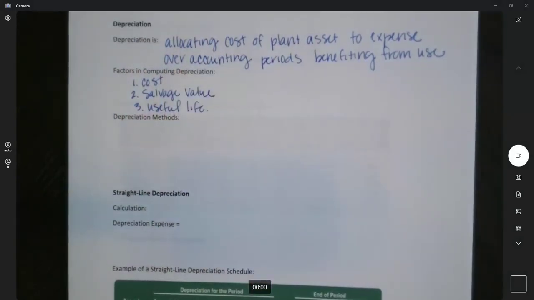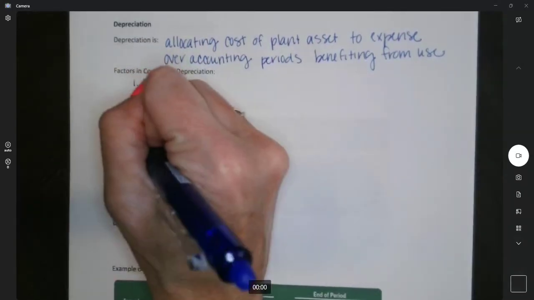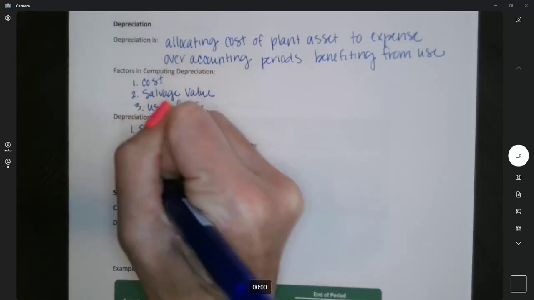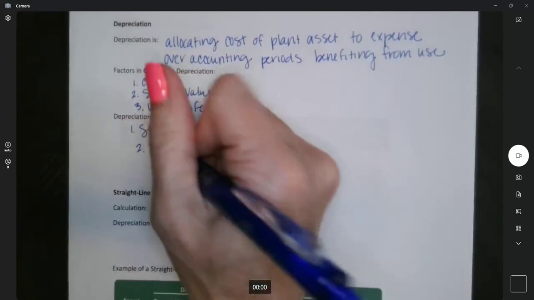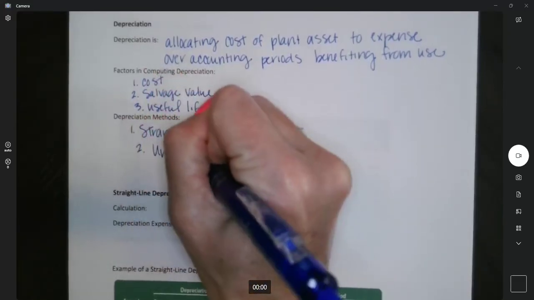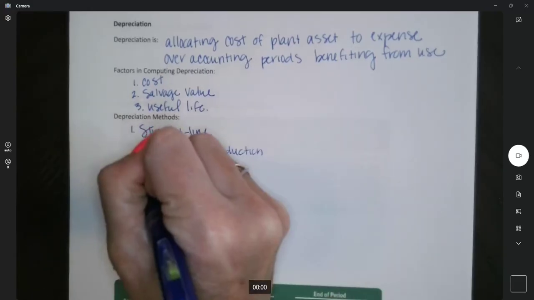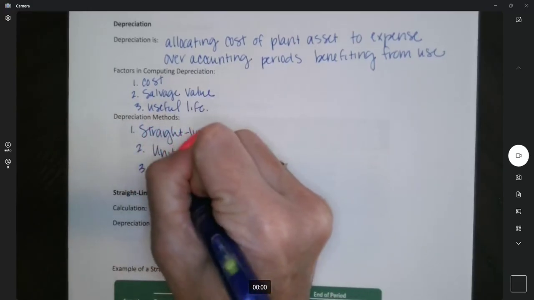The main depreciation methods that we use in this class include straight line, units of production, and declining balance.